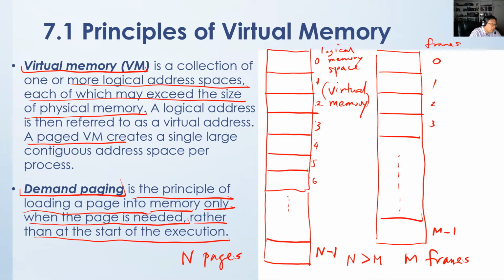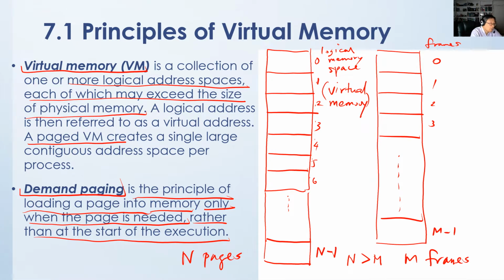We slowly load more and more, and hopefully after a while, some of the pages we loaded earlier have been completed, all the instructions in those pages are done. So we can remove these pages, free up the memory space, and load some other pages.